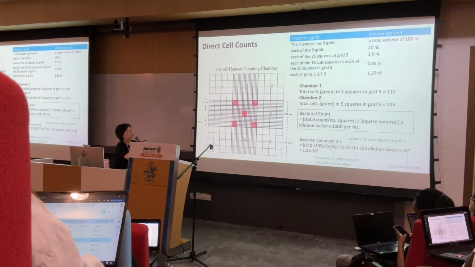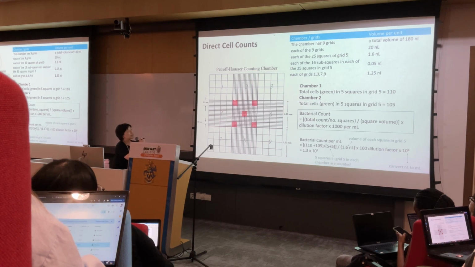So adding all together, you will have 10 of these red squares, and the total number for 2 chambers is this. At the end, if you divide this one by this, you will get, for each red square, the average number of cells.